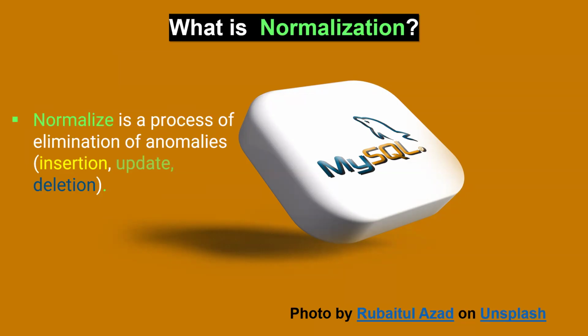When you're inserting records, if the record can allow multiple attributes to be duplicated or redundant, then it has insertion anomalies. An insertion anomaly is something that should be eliminated by normalization of the database.